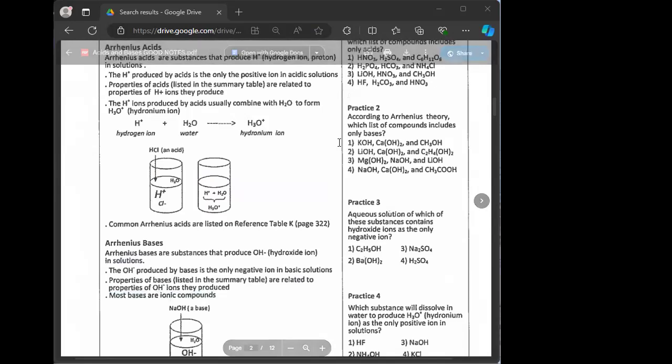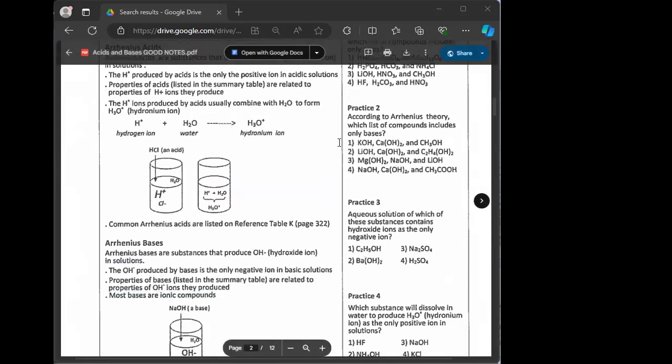So here, this has a metal and an OH. Potassium is a metal. Calcium is a metal, and that's also an OH. And then this is not a metal and an OH.